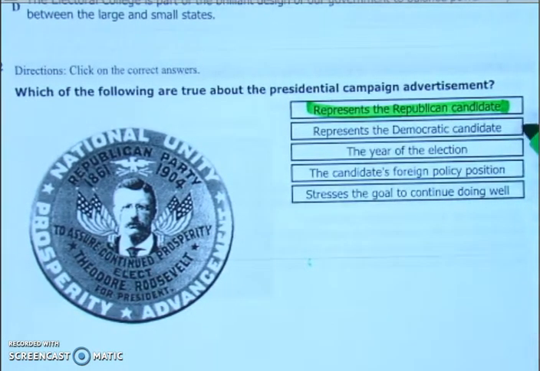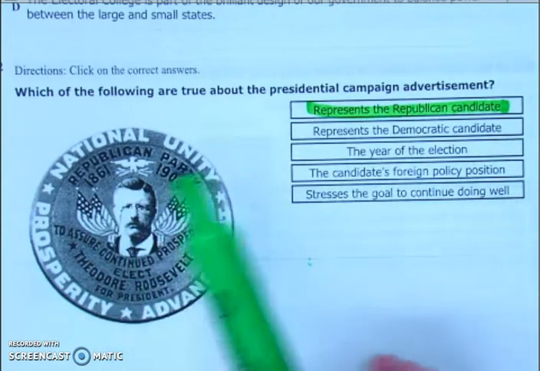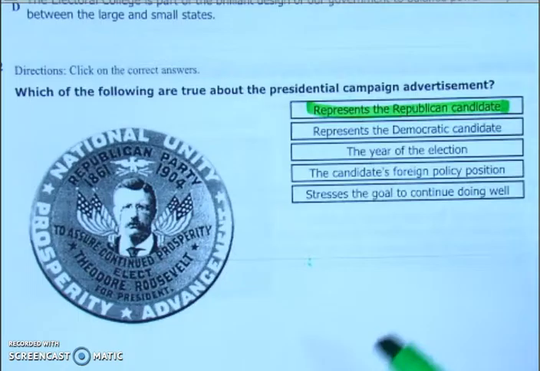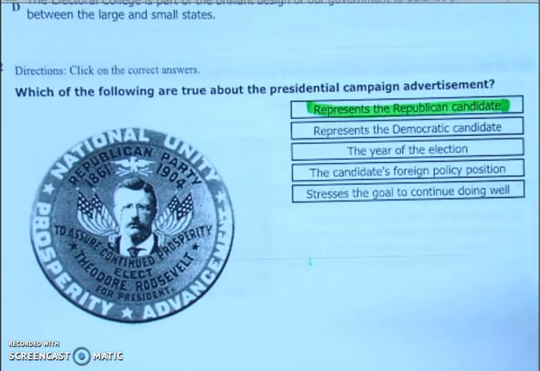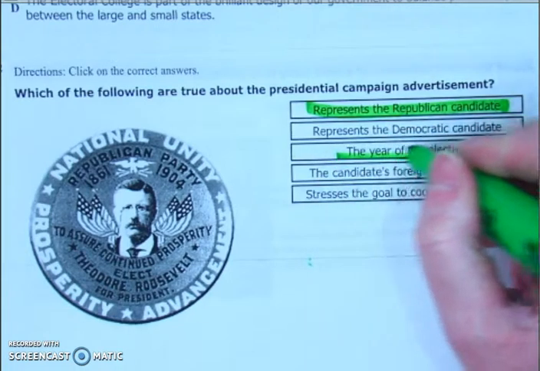Represents the Democratic candidate would not be correct because it just shows the Republican. Then we've got the year of the election. It says that the Republican Party has lasted from 1861 to 1904, which we would assume would be the current year when the election is occurring. So that's on there.